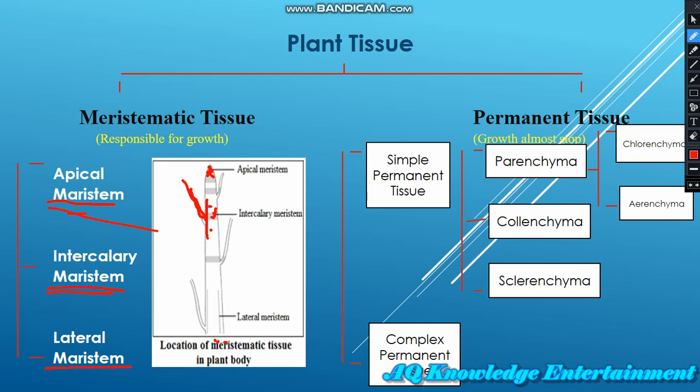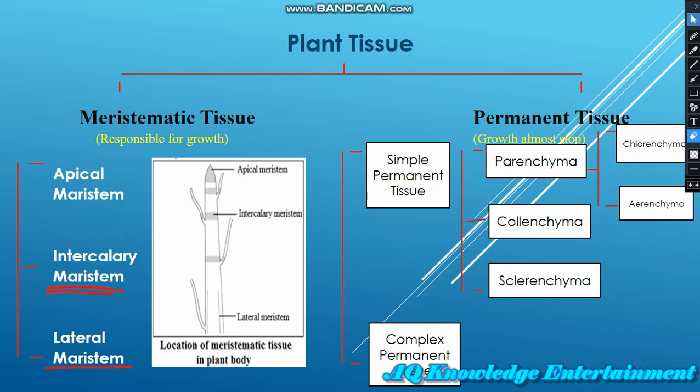The intercalary meristem is basically present at the base, from where this grows right here. This grows this part of the plant, and it keeps growing for some time. So that is the place where the intercalary meristem is present, right here and the same here. Now let's move on to the lateral meristem.